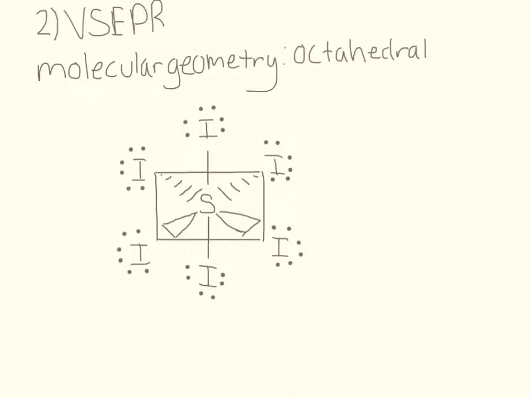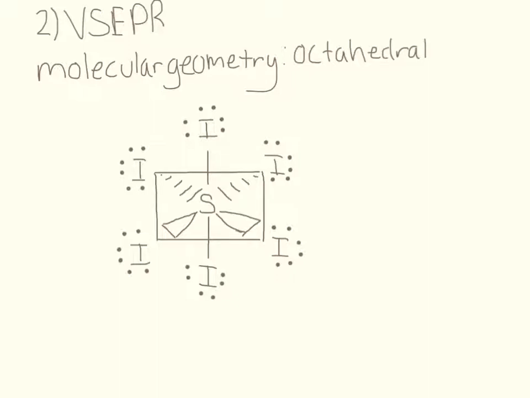And then we're going to draw 2 solid lined triangles, and these solid line triangles will represent the 2 iodides that are protruding towards the front, and then these dashed triangles are going to represent the iodides that are protruding towards the back.